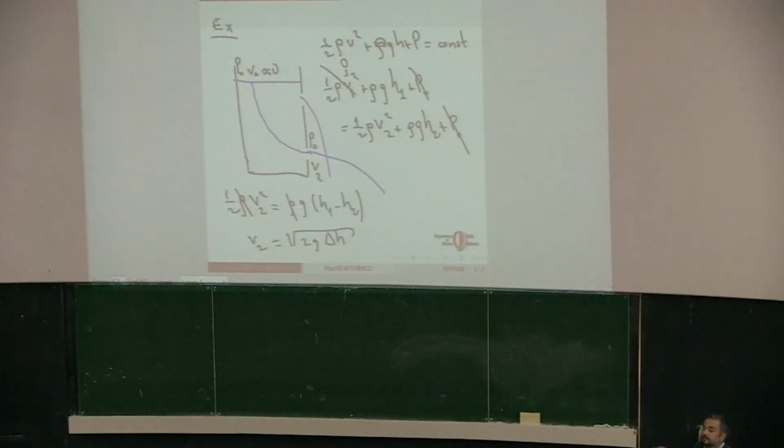Of course, we are ignoring any friction effects. This is just a crude approximation of the speed at which the liquid gets out from the hole. And if you remember, if you just release a stone from rest at some height H1, its speed when it reaches the height H2 will be exactly equal to this one. So it is just as if the liquid is making a free fall.